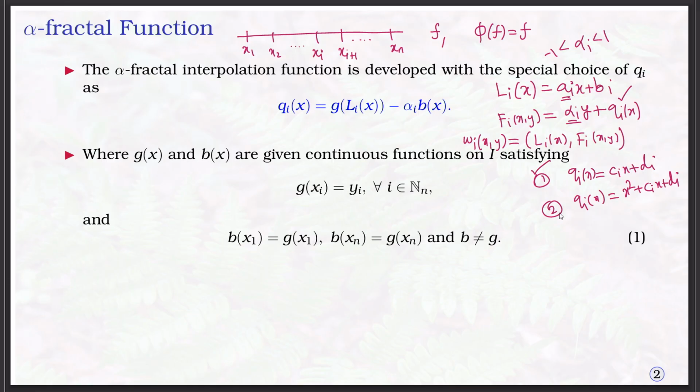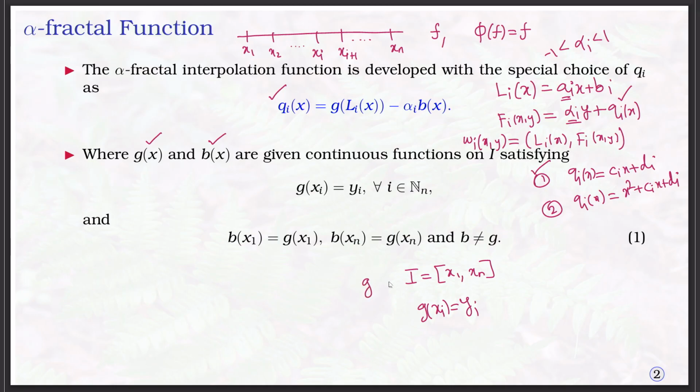Now, we are going to discuss Qi in the special form. The Qi of x is defined as g of Li of x minus alpha i b of x. Note that here g of x and b of x are continuous functions defined on the interval I. That means I is a closed interval x1 to xn, depending on the data. Now we define two continuous functions on I, g of x and b of x, such that g of xi equal to yi.